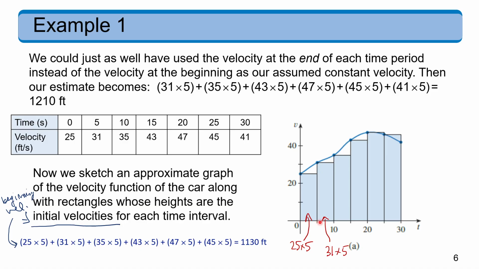Okay, so we're starting to make this graphical connection that these rectangles are very similar. This whole setup here is how we approximated the area below this curve. So this is leading to the idea that if you have the velocity curve, the area below that curve represents the total distance traveled.